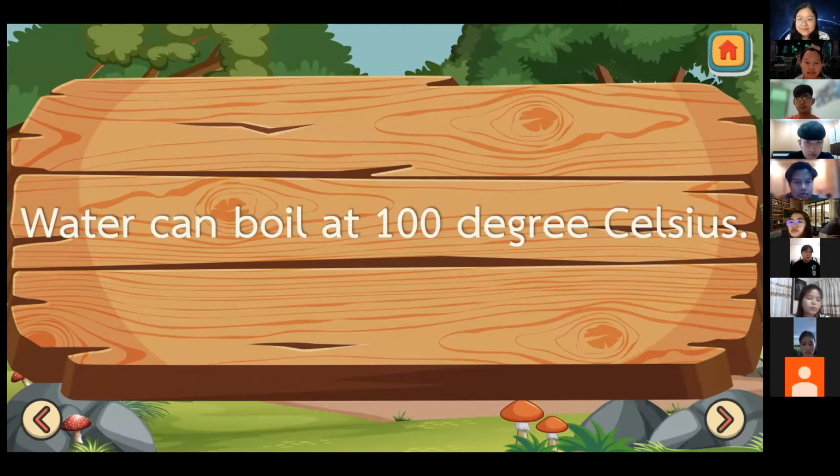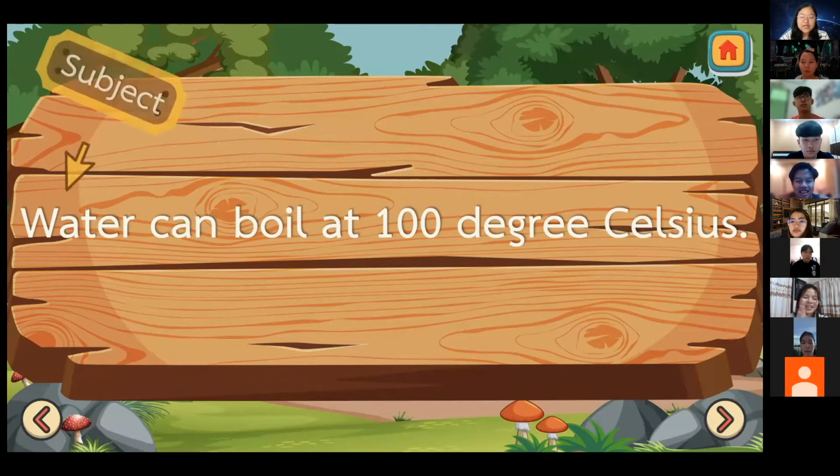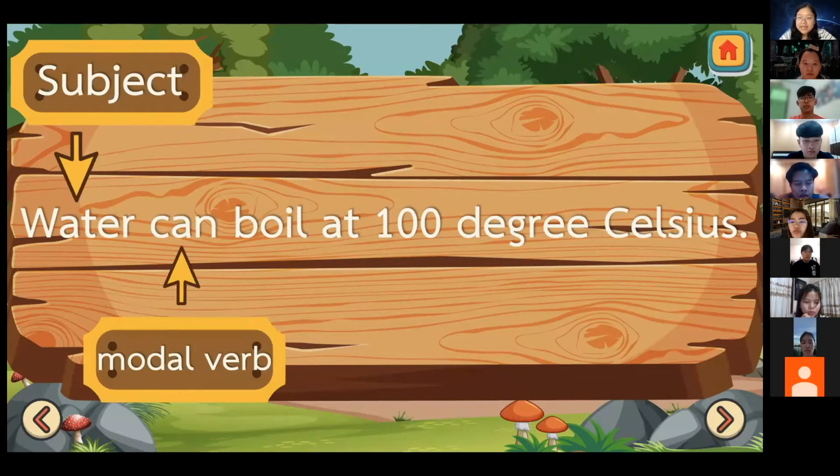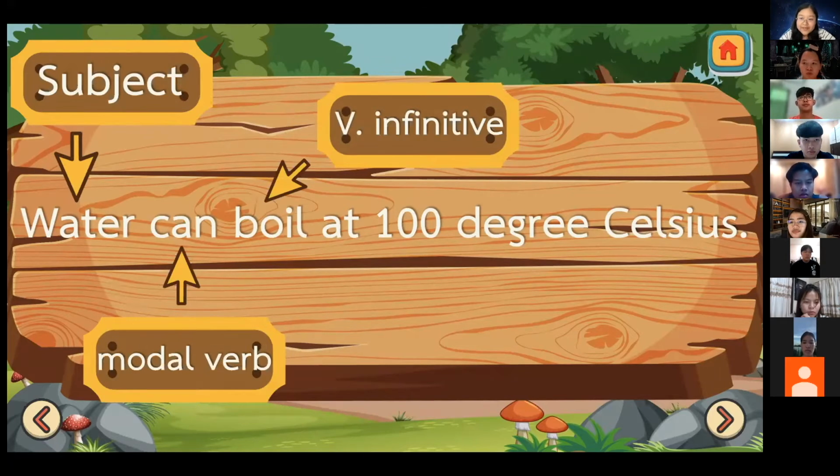Water can boil at 100 degrees Celsius. Okay, great. Good job. Water is the subject, can is the modal verb, and the verb infinitive is boil.